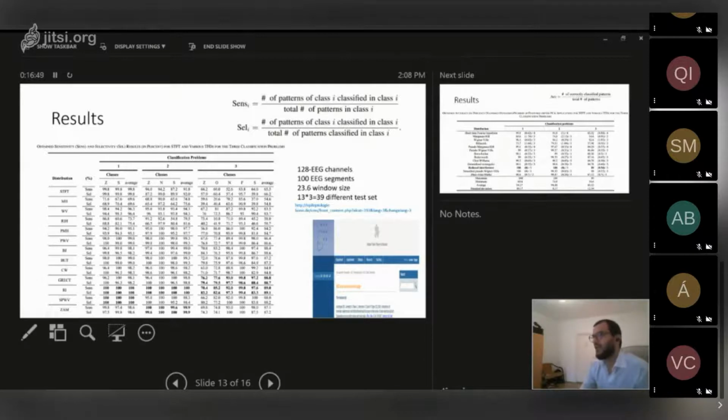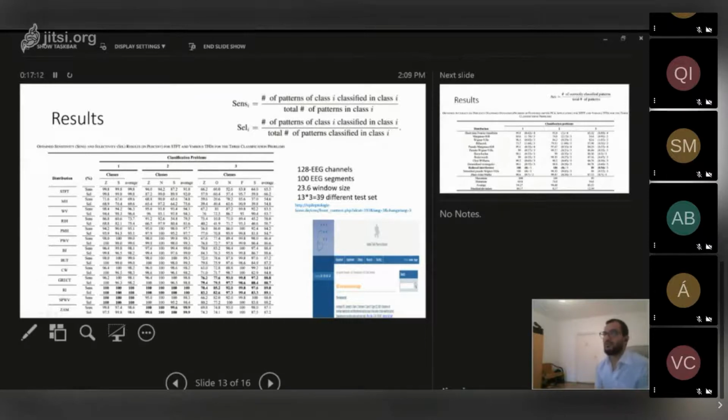And N, F, and S are related to the patients. N and F are related to patients during seizure-free periods, but S is related to patients with seizure. So here we have 500 segments for the classification, here 300 and here 200.